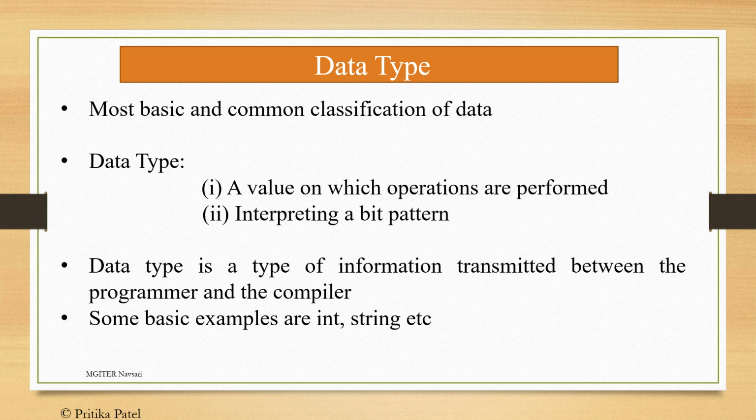So, basically data type is a type of information transmitted between the programmer and the compiler, where the programmer informs the compiler what type of data is to be stored and also how much space it requires in the memory. Some basic examples are integer, string, etc. It is the type of any variable used in the code.